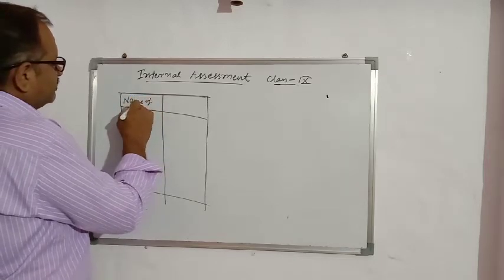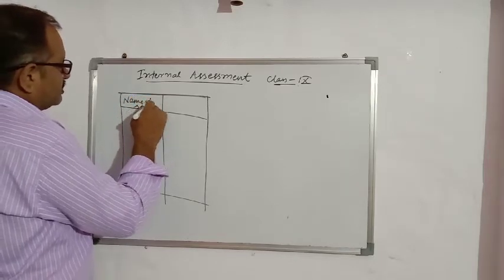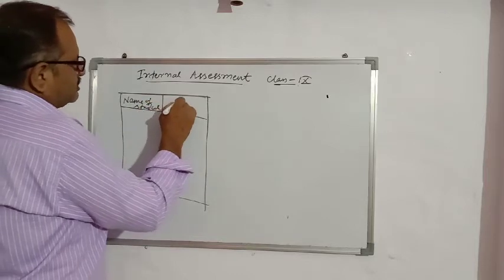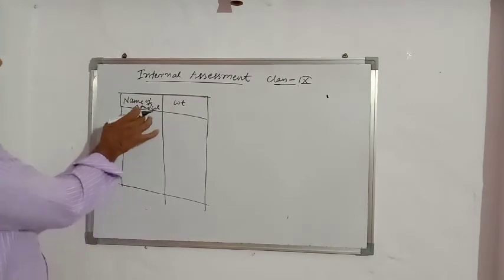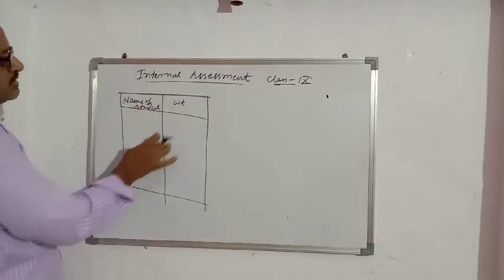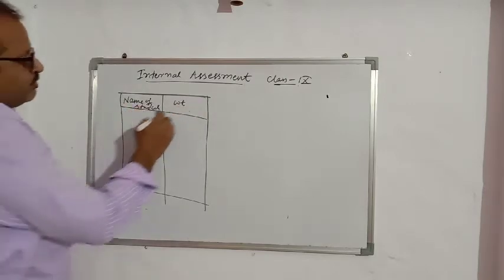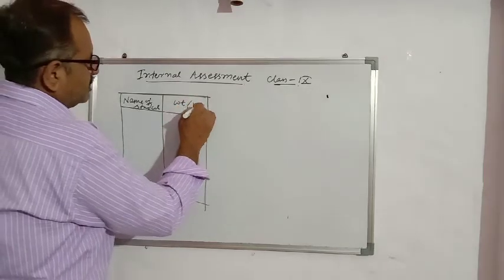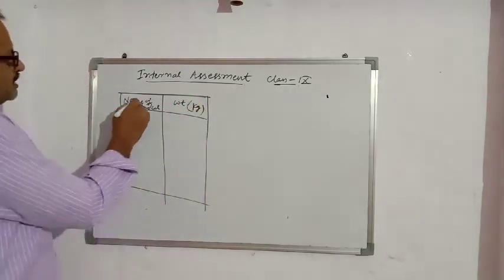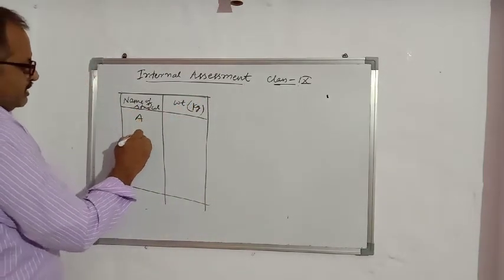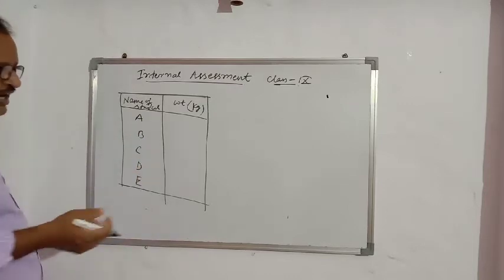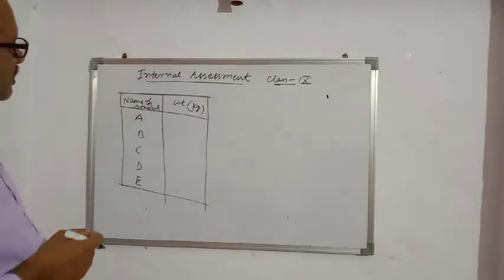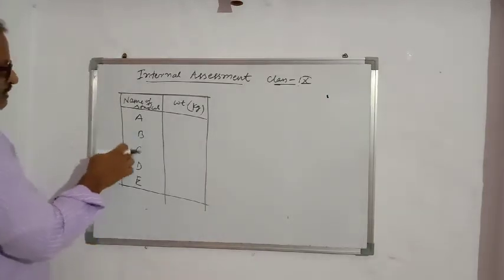And suppose we are taking weight. So in the first column we have to write the name of the students, and in the second column we have to write weight in kg. Suppose the names of students are A, B, C, D, E. You can take 5, 6 students.